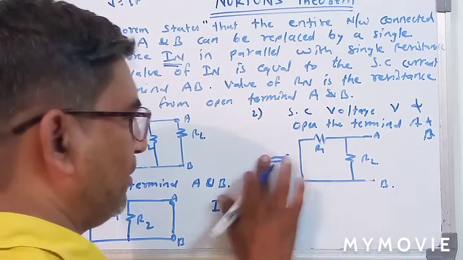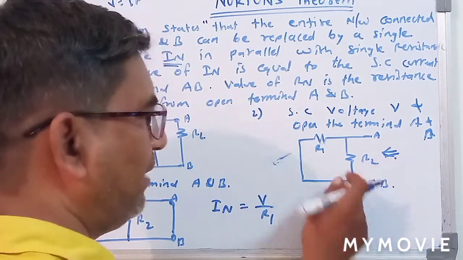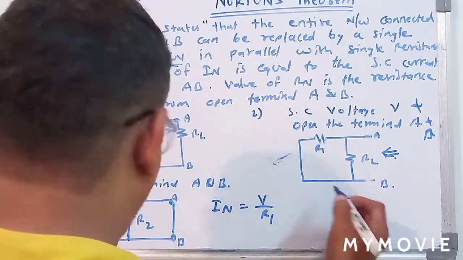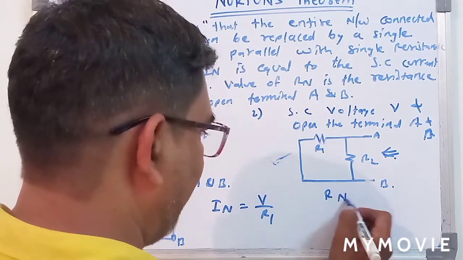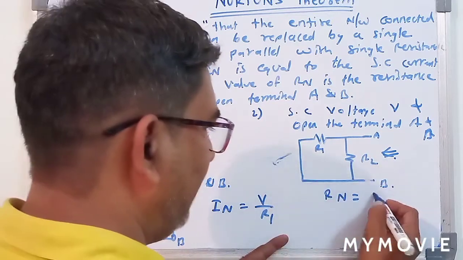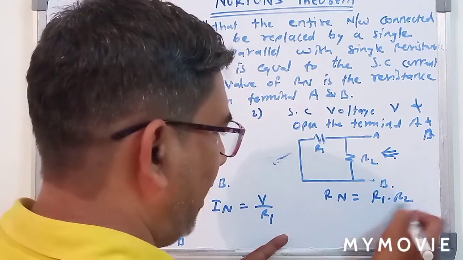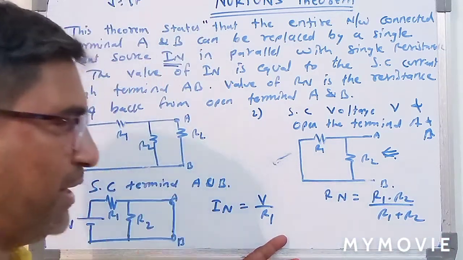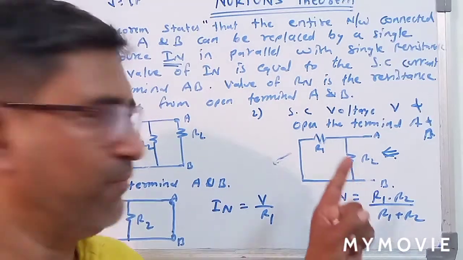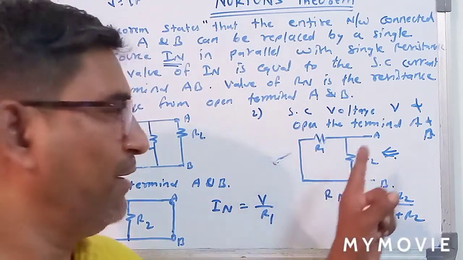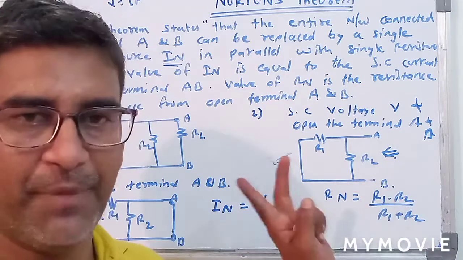Observed from this side, R1 and R2 are in parallel. So the equivalent, that is RN, Norton's resistance, as they are in parallel, is R1 into R2 divided by R1 plus R2. This is the Norton's resistance you have found by short circuiting the voltage source and opening the terminals A and B.